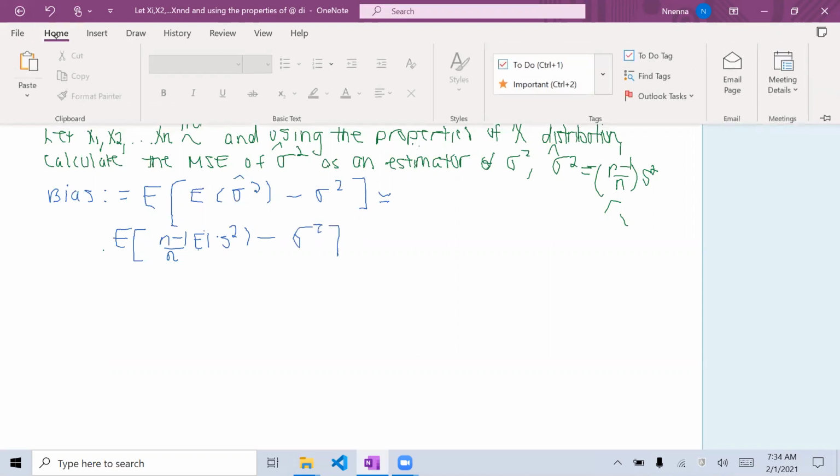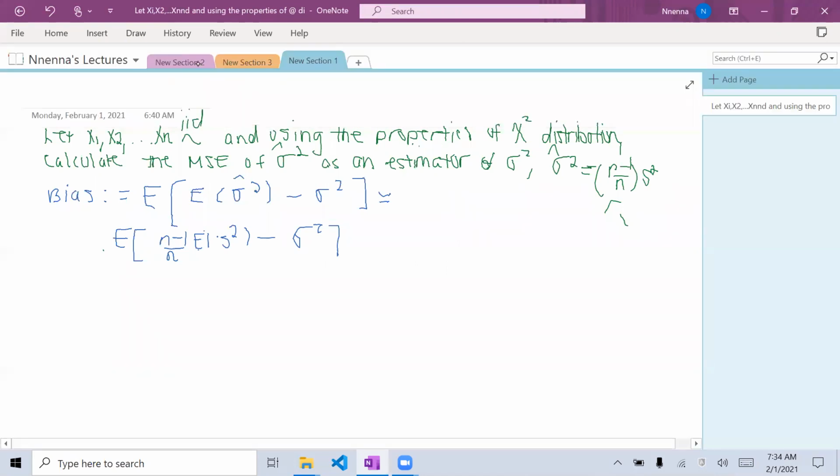This is going to be equal to the expected value of (n minus 1) over n times sigma squared, because the expected value of s squared is unbiased, minus sigma squared.